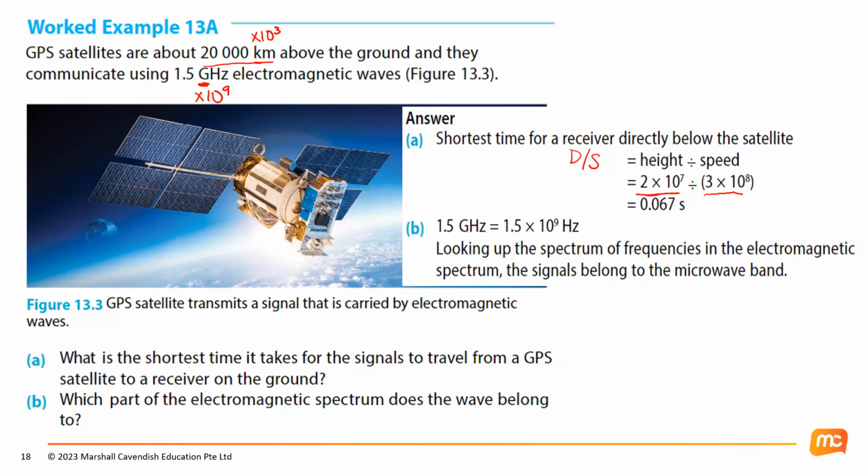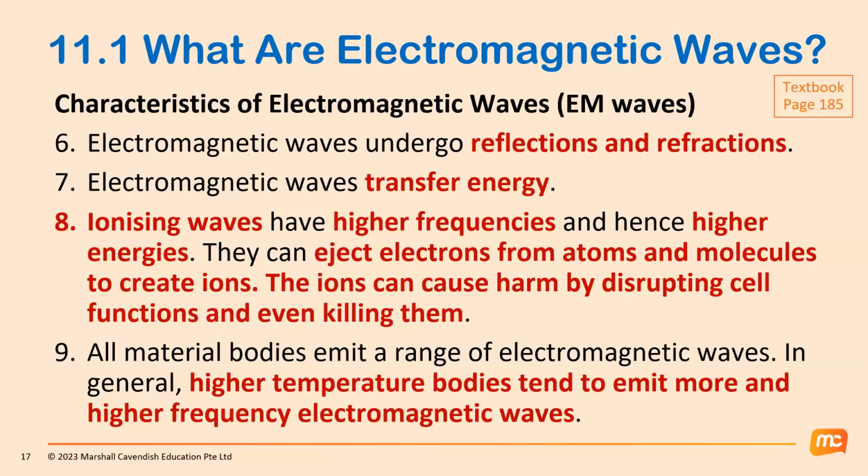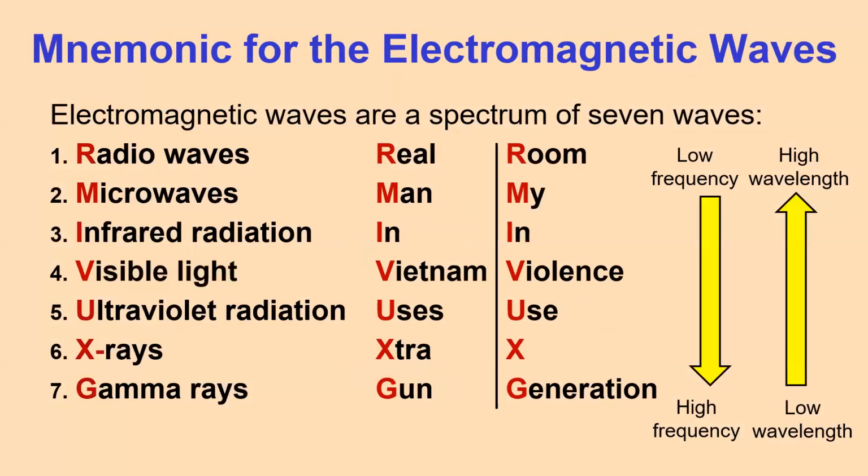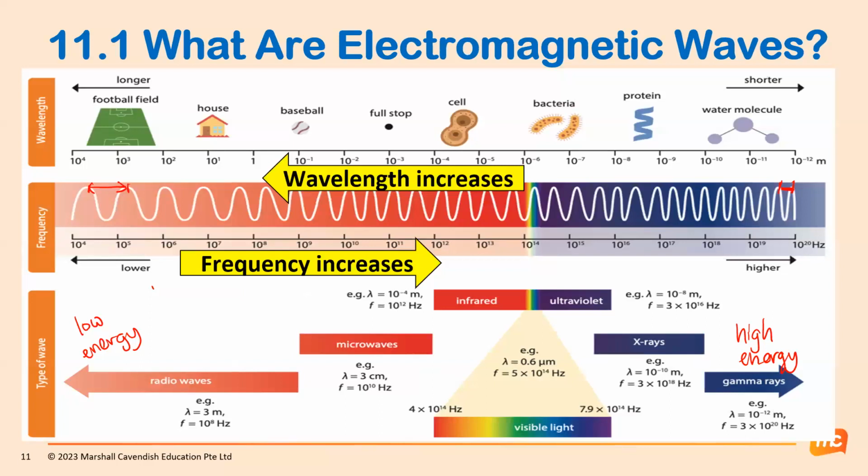Next one. Which part of the EM spectrum does the wave belong to? If you look up at the front over here, 1.5 gigahertz, giga is 10 to the power of 9.